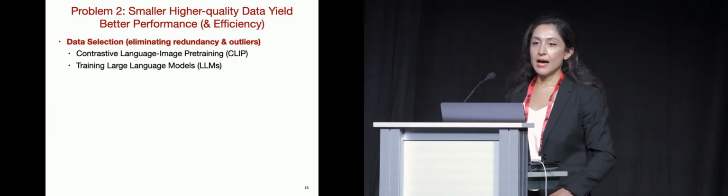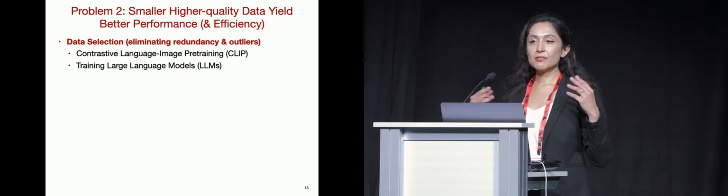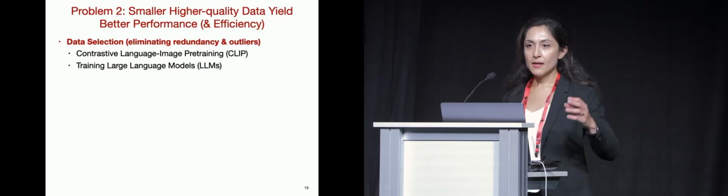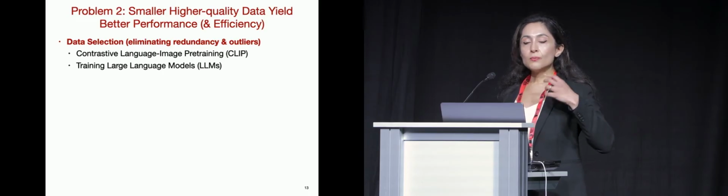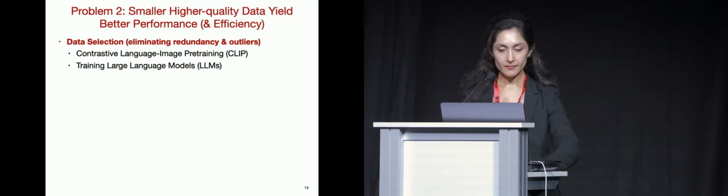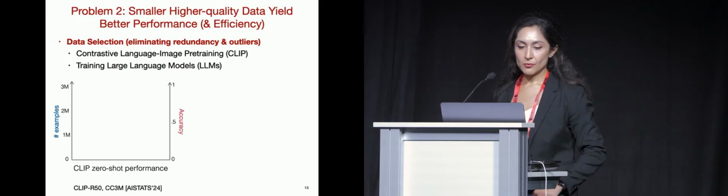Okay. Another way is data selection. Imagine that we have filtered data. There is no bad data or irrelevant data in it. Still, there is going to be a lot of redundancy in these huge datasets. So again, I'm showing you two examples, from CLIP and language models.